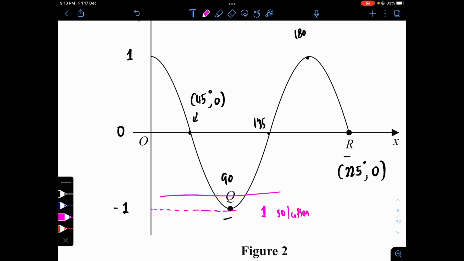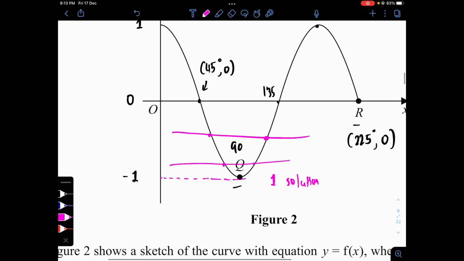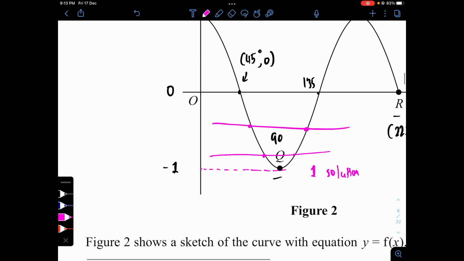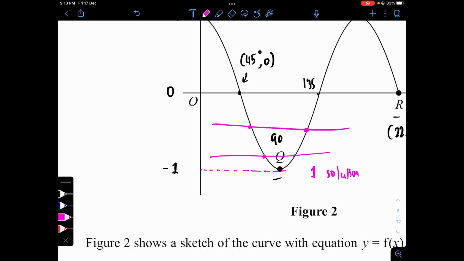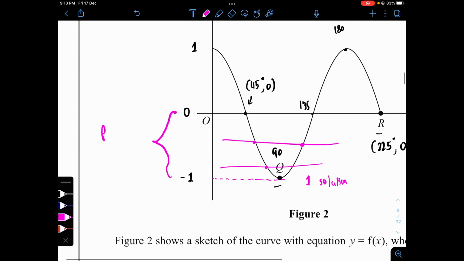You can see it goes through twice. Anywhere between -1 and 0, it has two solutions, right? So in this region, p has two solutions.